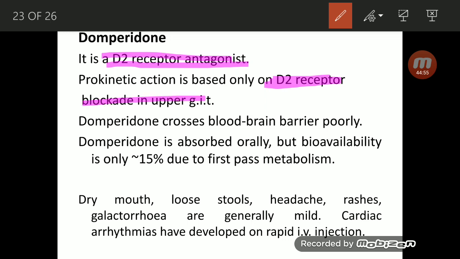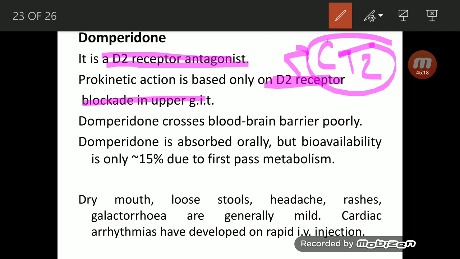But the major antiemetic action of domperidone is not due to D2 receptor blockage in your upper GIT. It is basically because of blockage of dopaminergic receptors in your CTZ.